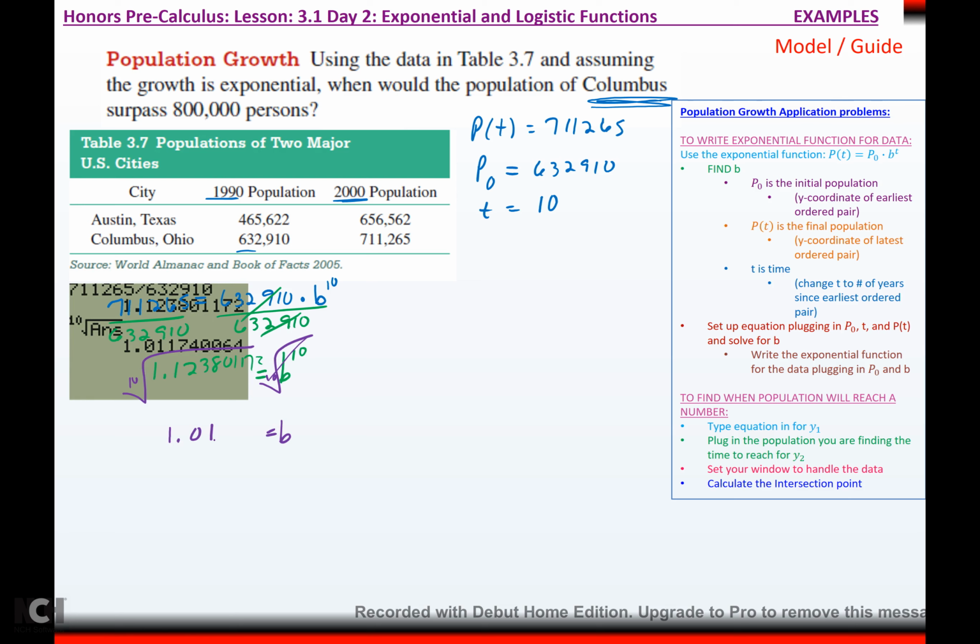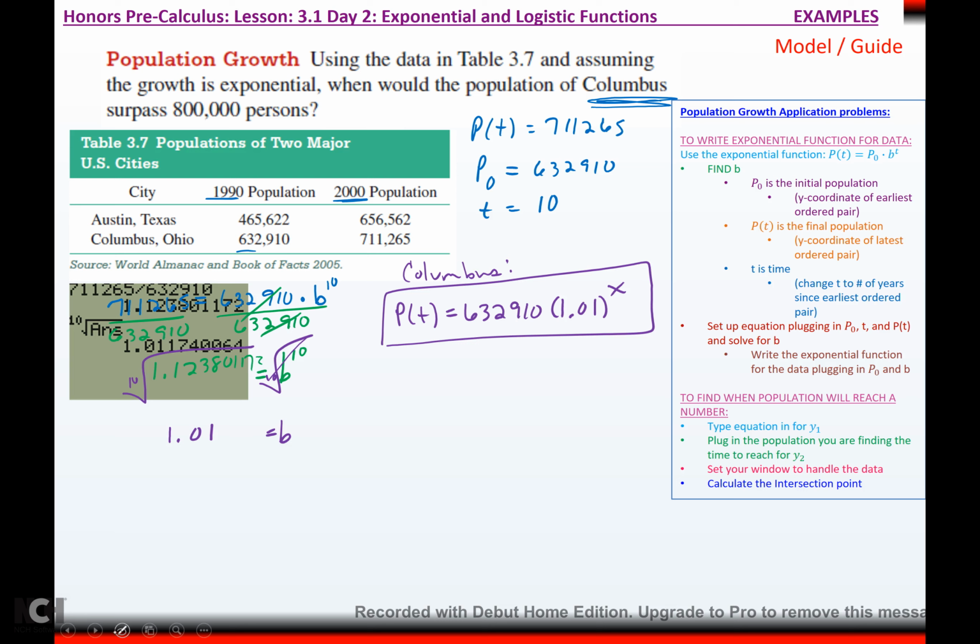So my population model for Columbus would be P of T equals Ohio's initial, 632,910, times the b we just found to the X. There's my Columbus model. This models the population in Columbus, Ohio.